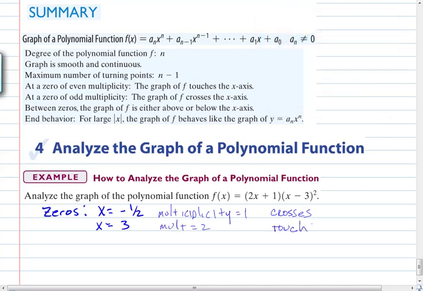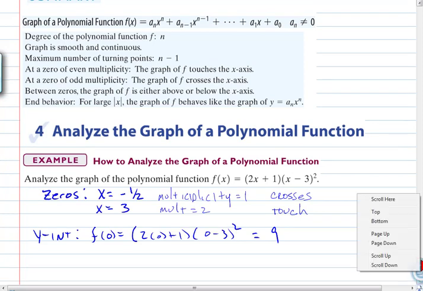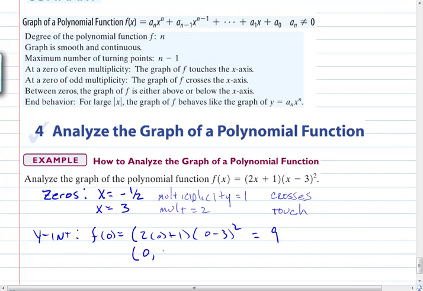What about our y-intercept? Do we know our y-intercept here? Our y-intercept is going to occur at 0, so it's f of 0. And that's going to be 2 times 0 plus 1 times 0 minus 3 squared, and that's going to be 9. So we know we have a y-intercept at 0, 9.